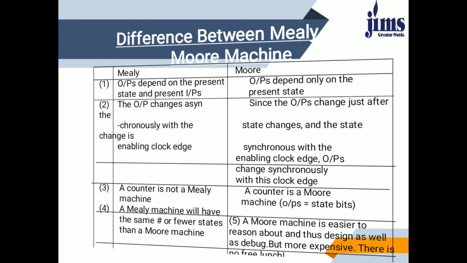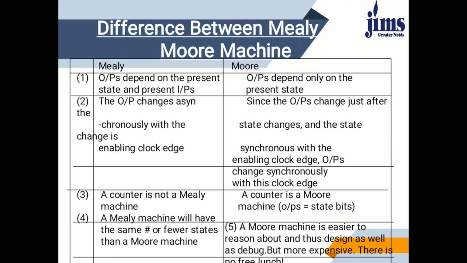Now what about the difference between the Mealy and Moore machine? See, there is a difference. In the Mealy machine, as we have talked, output depends on the present state as well as the present input. Whereas what about the Moore machine? Moore machine output depends only on the present state.